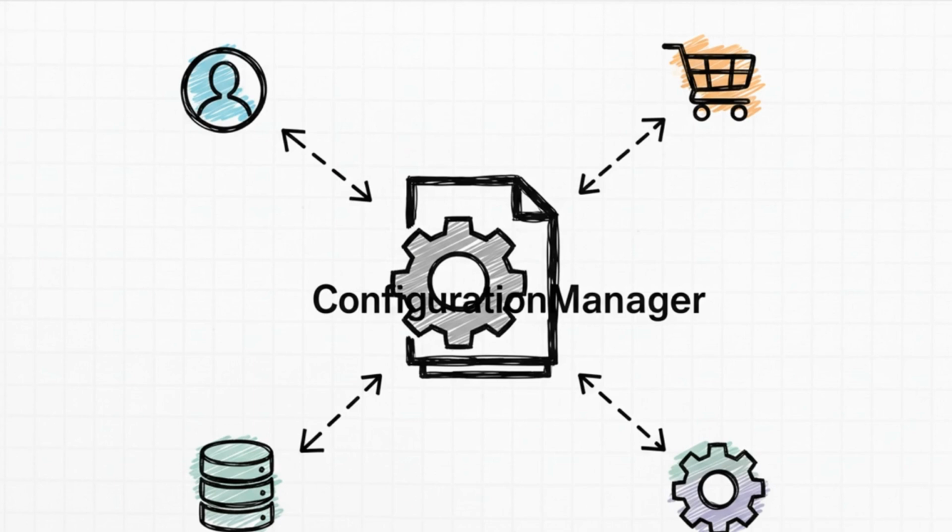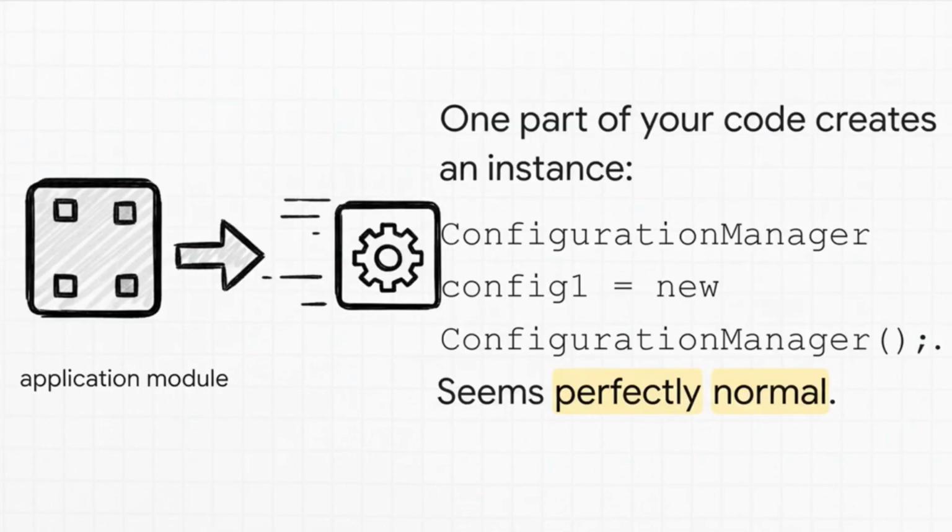Of course you would. Okay, now let's say one module in your code needs the database connection string. What does it do? Well, naturally, it creates an instance of the configuration manager. Seems harmless enough, it gets the setting it needs, and life is good.